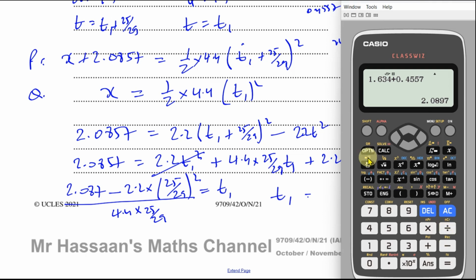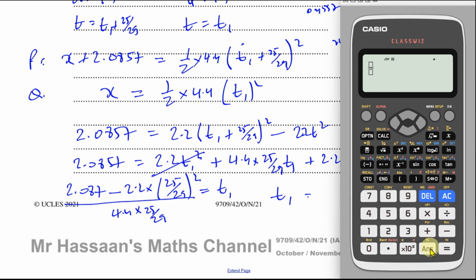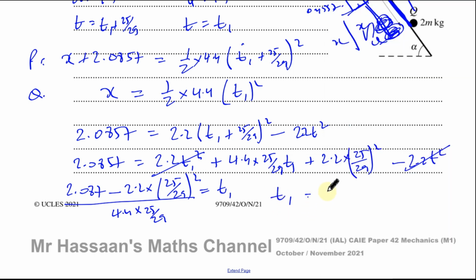So we have 2.0857 minus 2.2 times 25 over 29 squared, over 4.4 times 25 over 29. And that gives you 0.1198.